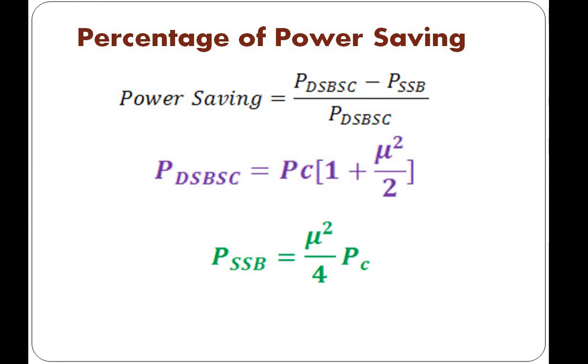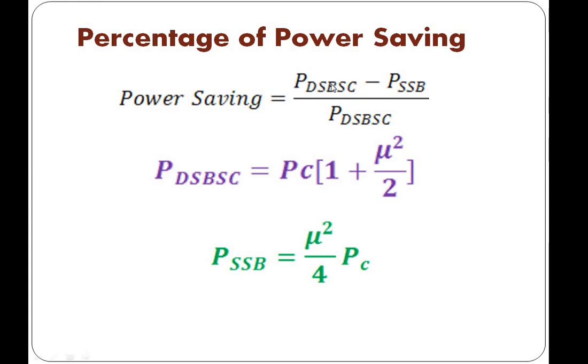How do we calculate it? What is the formula for that? Why are we considering the DSB signal? Because the generation of SSB is completely dependent on DSB-SC. The main base of SSB is DSB-SC, so the total power we are considering is from DSB-SC.